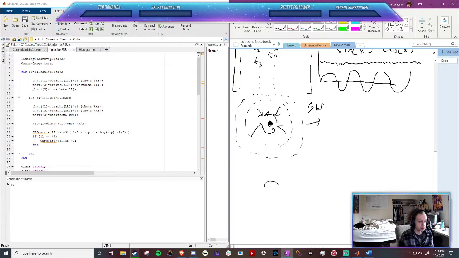So we got a neutron star and it begins to enter its supernova process and it gets smaller and smaller, starts rotating, and there's some stuff going on in the middle that we don't really know too much about.